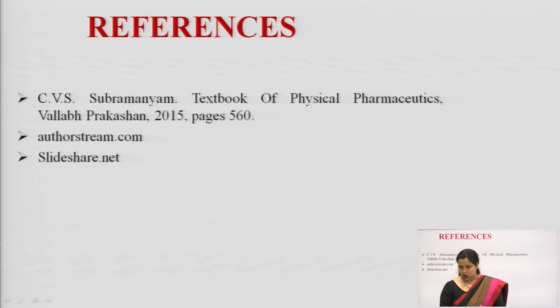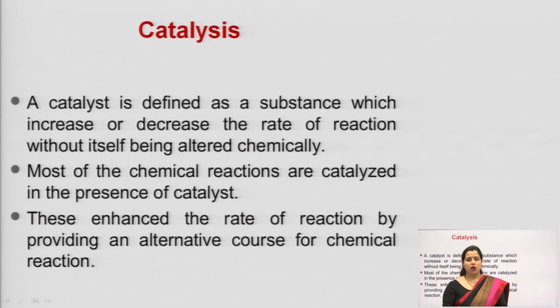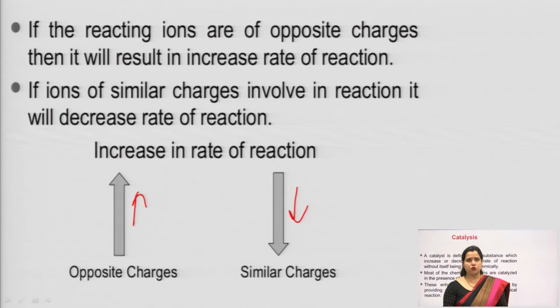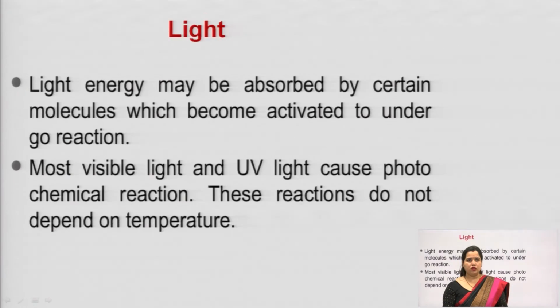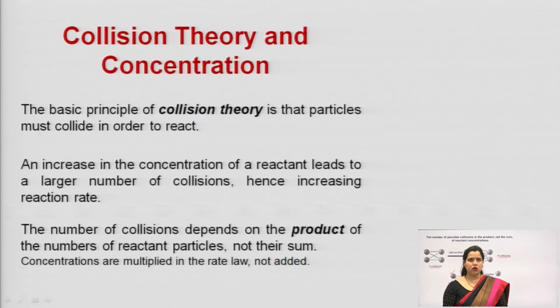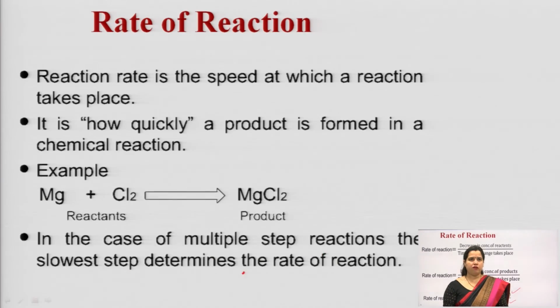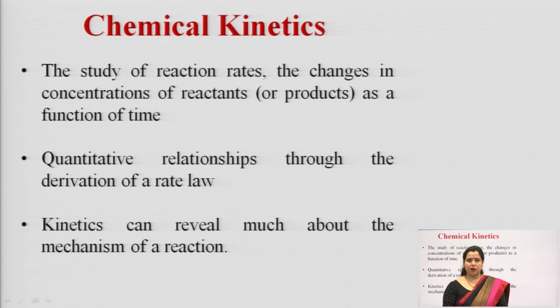So, let us take the highlights from the start of what we have discussed in this particular lecture. Basically, we have covered chemical kinetics, because this lecture is relevant to the basic understanding of chemical kinetics.